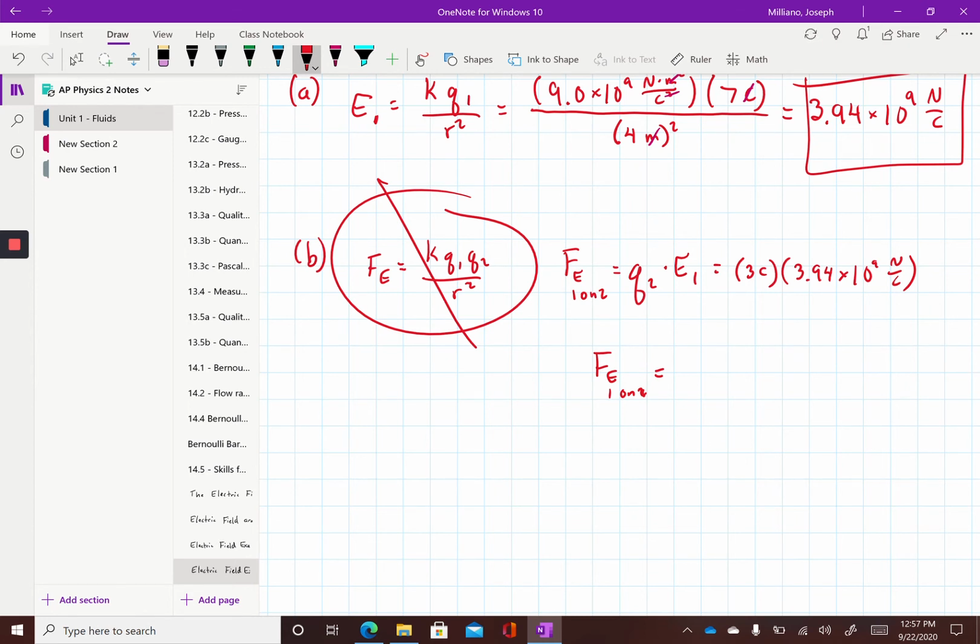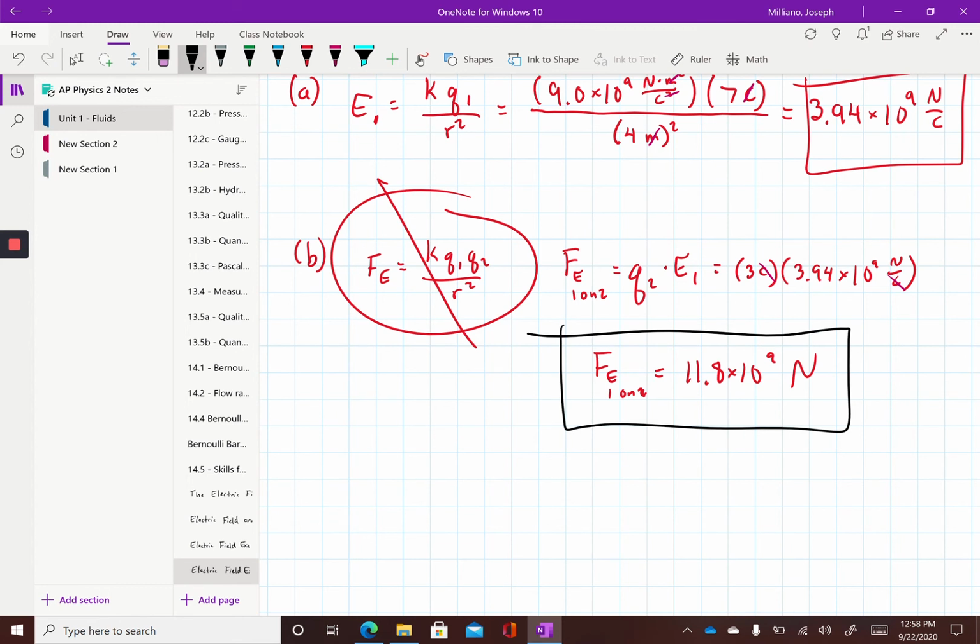Its magnitude, therefore, is 11.8 times 10 to the 9th, so about 11.8 billion, a very large force. And this would just be newtons because it's the force, and coulombs canceled with per coulomb there. Probably an impossibly large force, but you get the idea. And you can check my math to see if I missed something there.